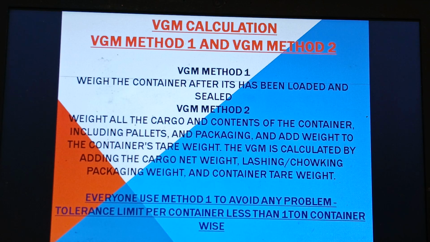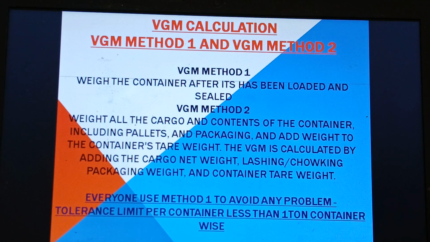The VGM is calculated by adding the cargo net weight, lashing, chocking, packaging weight and container tare weight. This second method is too complex, so everyone uses method 1 to avoid any problem.